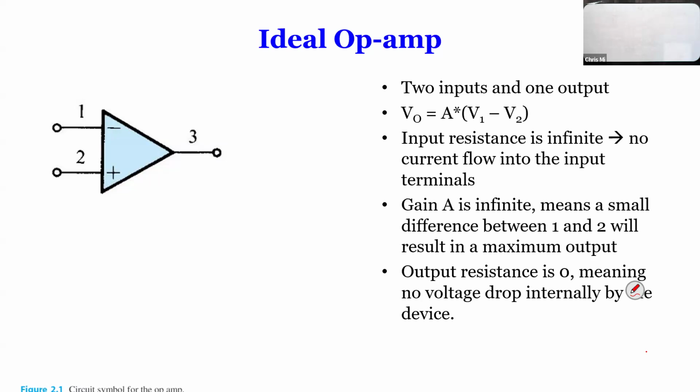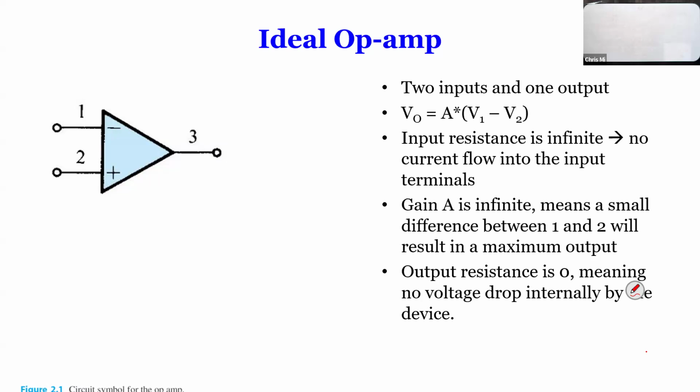It's a very small number, close to 0. So in the future, we just call it 0. It means the voltages at V1 and V2 have to be the same if you have a fixed output. Now you might say, okay, earlier you said that if I have V3 at 2 volts, what happens there? Or if I have A times (V1 minus V2) and I do apply voltage at V1 and V2, there is a difference. What happens?